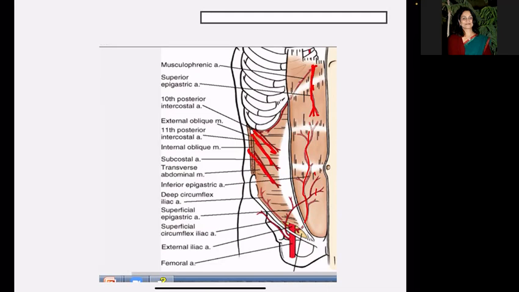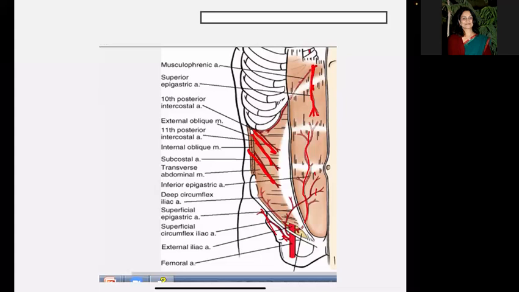And in the lowermost part of the abdominal cavity, some superficial branches of the femoral artery, that is superficial epigastric and superficial circumflex iliac, are also supplying the region. These arteries run along the rectus sheath.